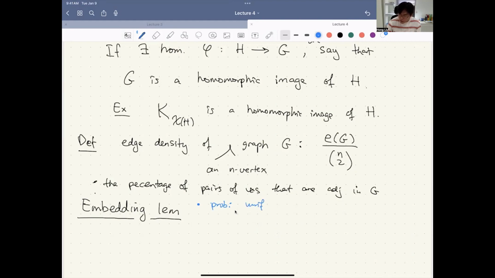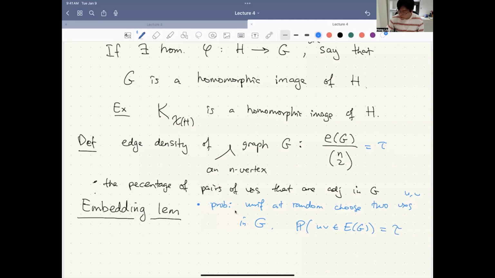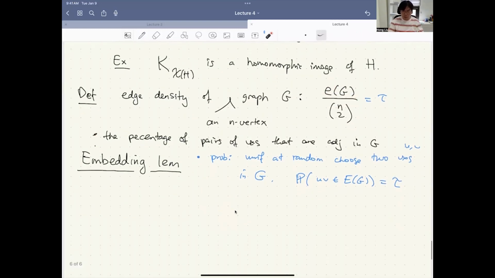If you uniformly at random choose 2 vertices in G, then the probability that these 2 vertices, let's say UV, form an edge in G is precisely tau, because the pair could be any one of these n choose 2 with equal probability, and we have this many choices to hit an edge of G. These two ways to view it are useful, keep in mind.